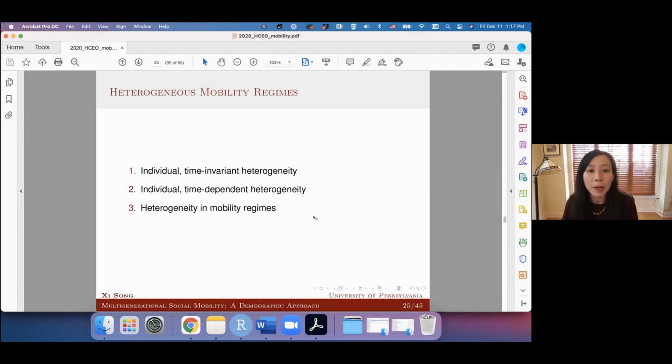As I'm running out of time, I will just skip this discussion on heterogeneous mobility regimes, but it builds on some of the earlier work of Burton Singer, Seymour Spilerman, and others. But I have further differentiated at least three different types of heterogeneity that are associated with individuals' own socioeconomic status or characteristics, or associated with time, or associated with segregated subpopulation mobility regimes.